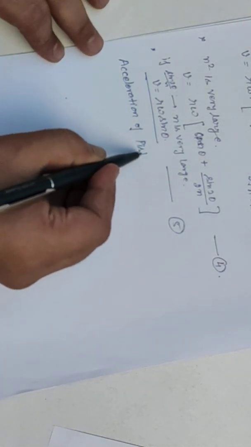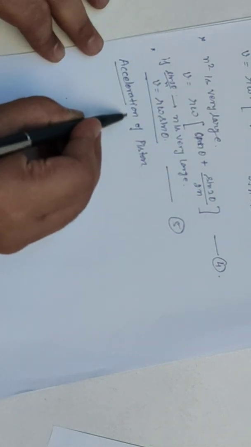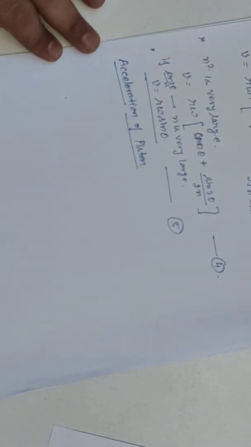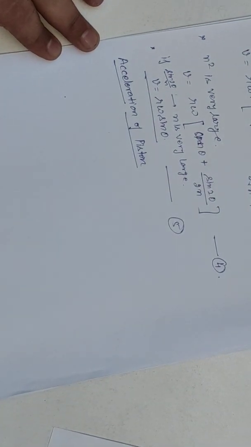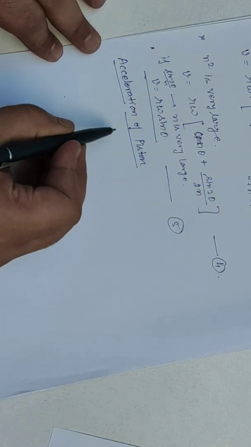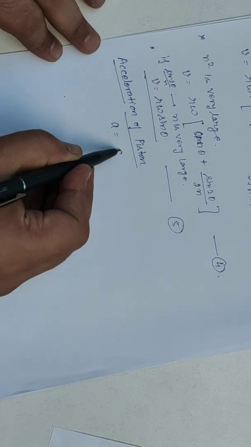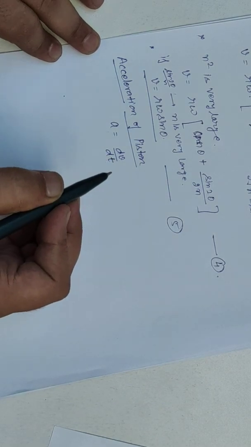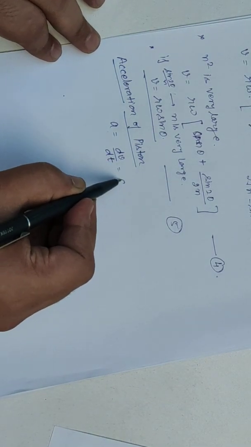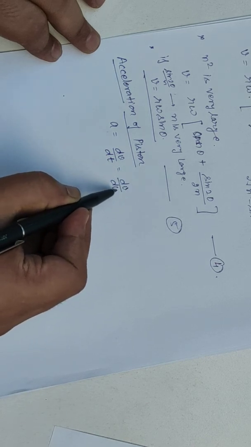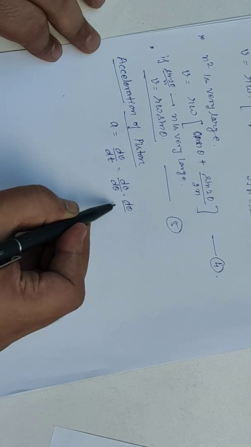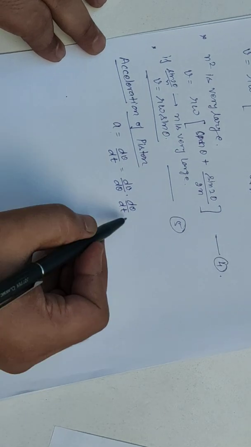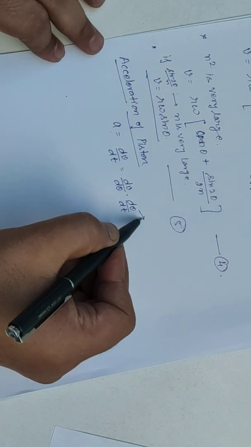So acceleration a is equal to dv by dt. We write the rate of change of velocity in such a way that dv by d theta into d theta by dt. This d theta by dt is nothing but omega.